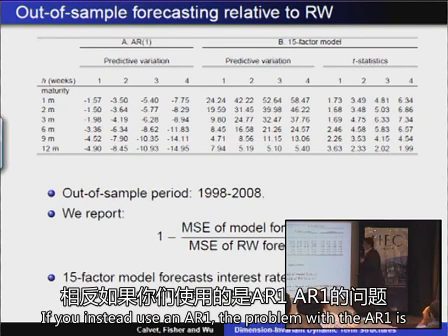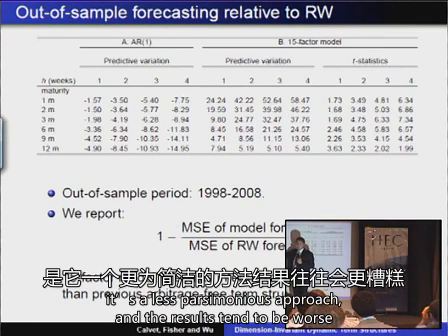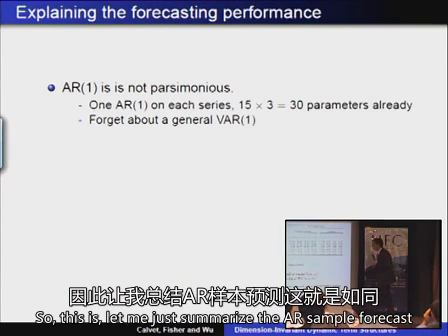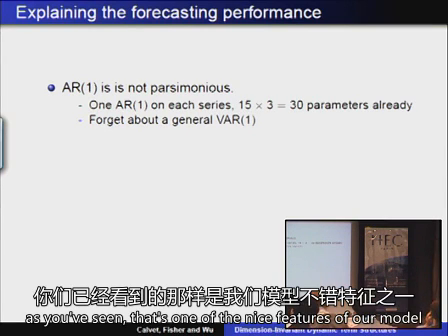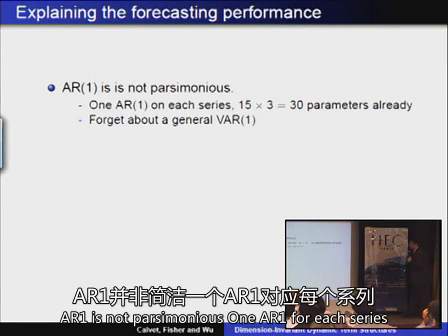If you instead use an AR1, the problem is it's a less parsimonious approach, and the results tend to be worse. Let me just summarize the out-of-sample forecast, because we think that's one of the nice features of our model. AR1 is not parsimonious.